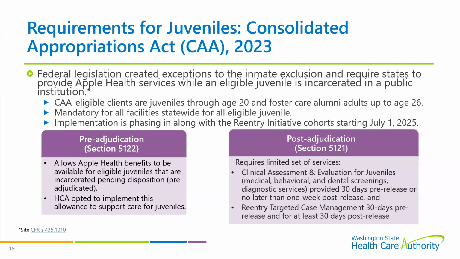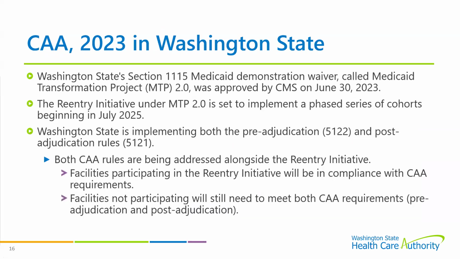Please note that CAA eligible clients are juveniles through the age of 20 and foster care alumni up to the age of 26. Next slide, please. Thank you. In Washington state, both provisions 5121 and 5122 of CAA of 2023 will begin implementation in July of 2025 alongside the Medicaid Transformation Project 2.0 Reentry Initiative.